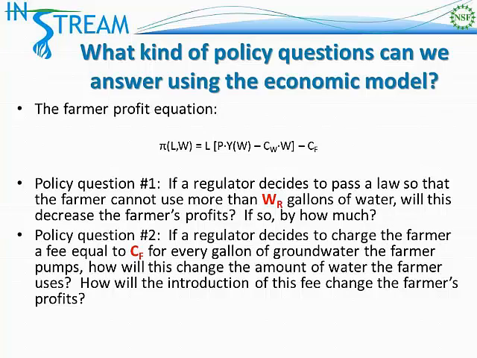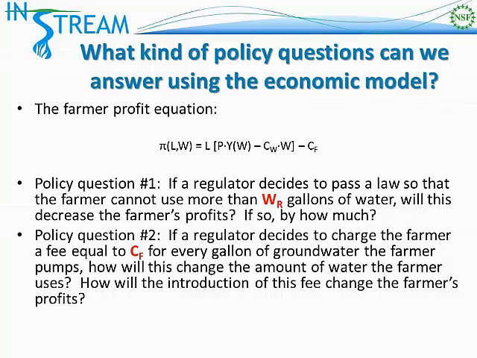The regulator may want to limit a farmer's water use because there are environmental benefits to using less water, but this reduced water availability for the farmer may lead to a decrease in farmer profits. So if that is the case, it would be important for the regulator to know how much those decreases in profits would be. We can estimate what these changes in profits would be by using our model, the farmer profit equation.